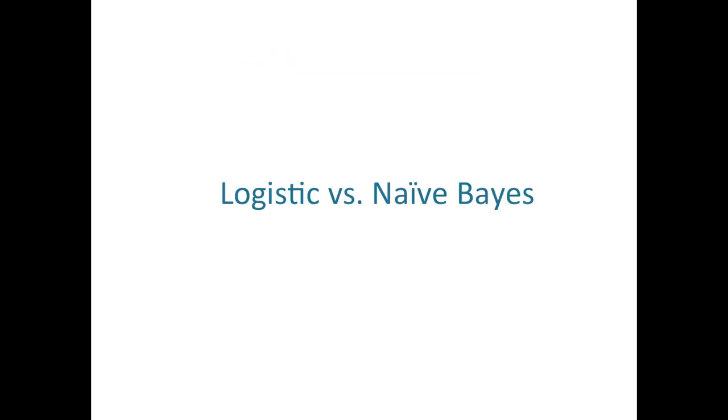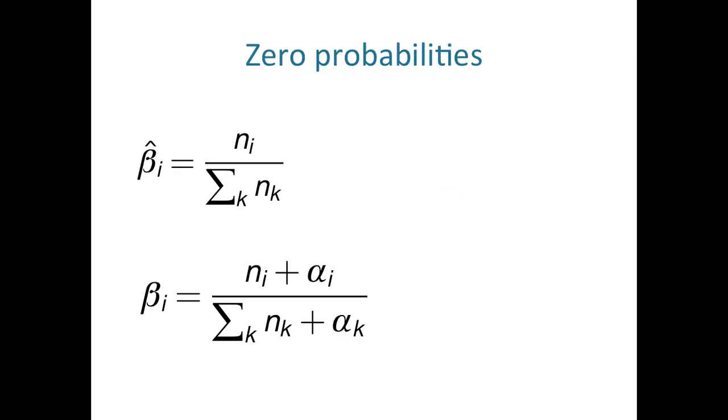For example, if we have a set of words, and for each word we have a probability of it appearing in a spam email, then we take all the dictionary words, and for all of them we're going to add an alpha value. Rather than having a 0 there that's going to break the whole classifier, we'll add a very small number.